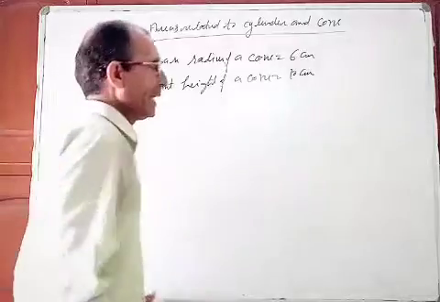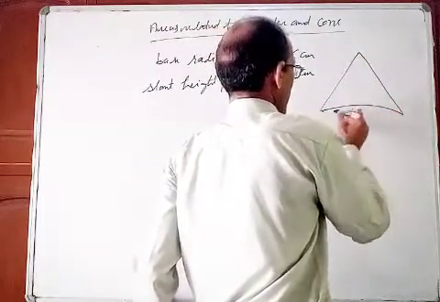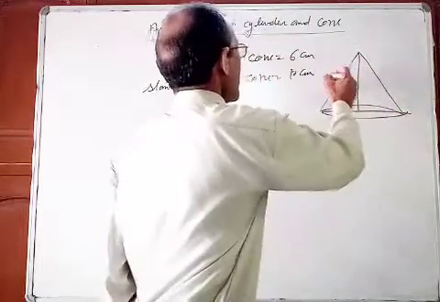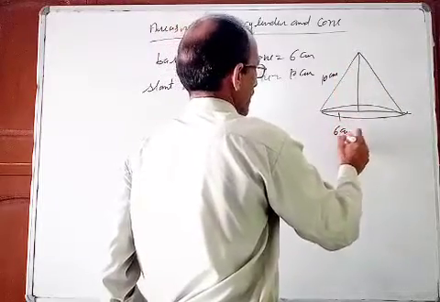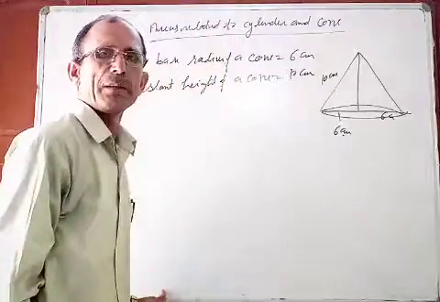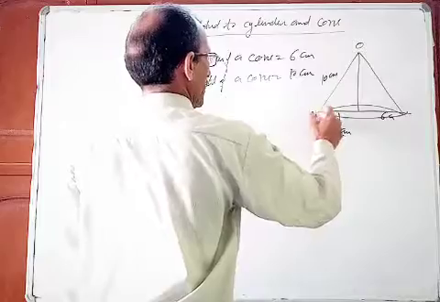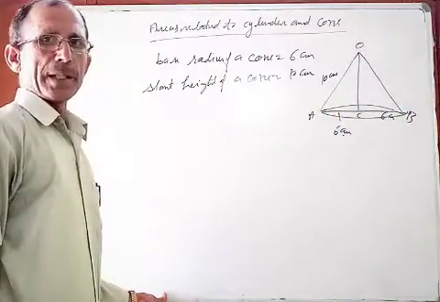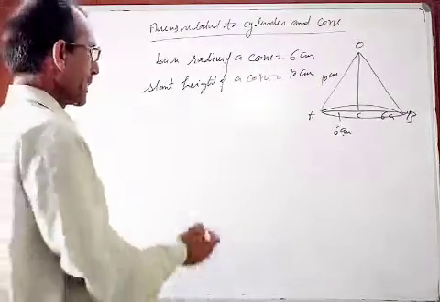So this is the cone, slant height is 10 centimeter and base radius is 6 centimeter. This also 6, it means total diameter will be 12 centimeter. So we have to find lateral surface area, or you can say curved surface area, and total surface area.